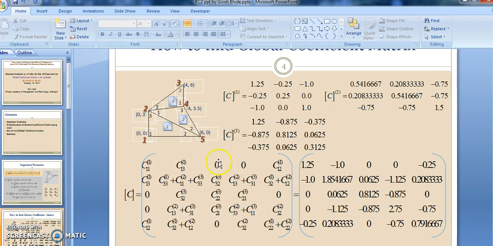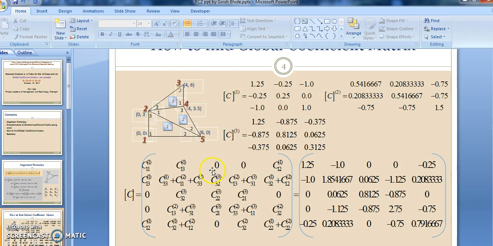Let us understand the presence of zeros over here. A 0 is observed in the place of C13. The reason behind this is that global node number 1 and global node number 3 are not in direct connection. There is no direct connection between global node number 1 and 3, similarly between 1 and 4.